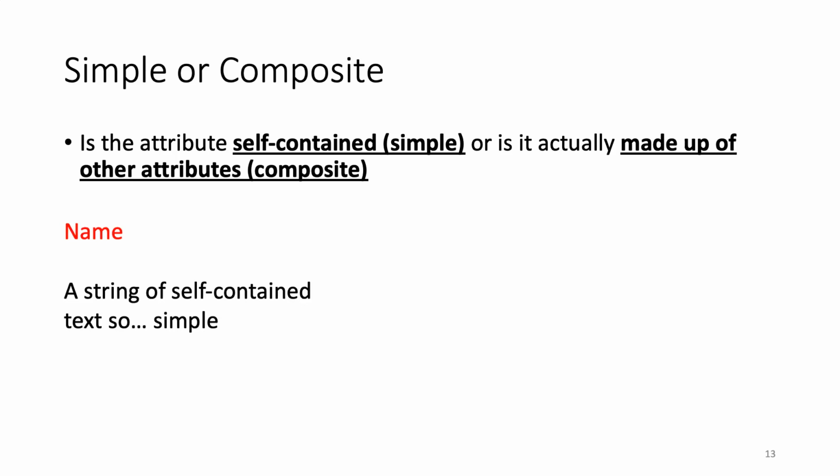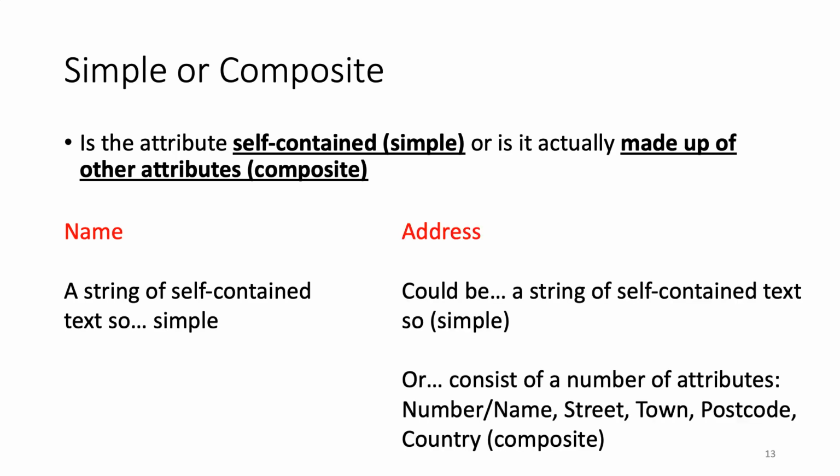So the name here is a string of self-contained text. It's very simple, but an address is probably not just a string of self-contained text, which we could use, but is almost certainly actually going to be first line, second line, third line, town, county, postcode, country, that kind of thing. So actually, the composite address attribute is made up from lots of individual attributes that go into it in the first place.